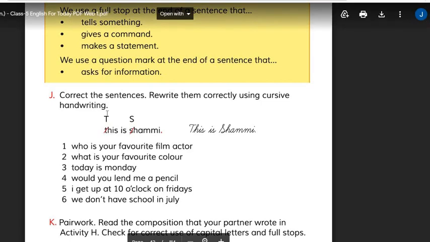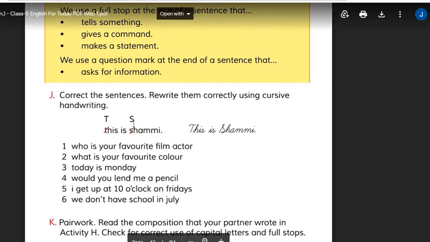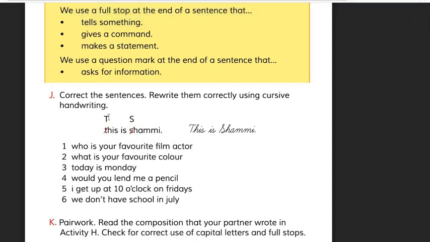There is an example. This is Shammi. We use capital T for the small t, because it is at the beginning of this sentence, and Shammi is a proper noun, the name of a girl.